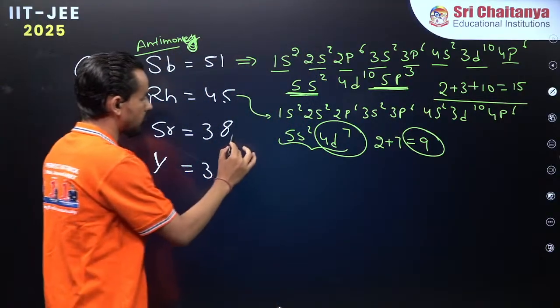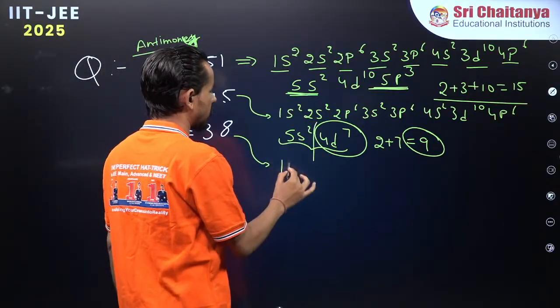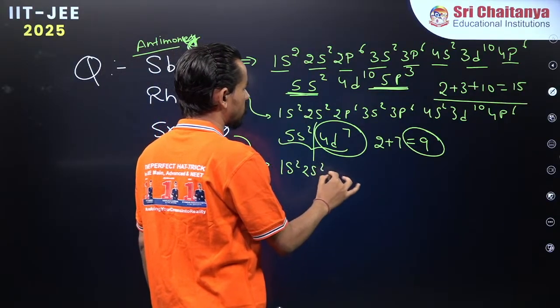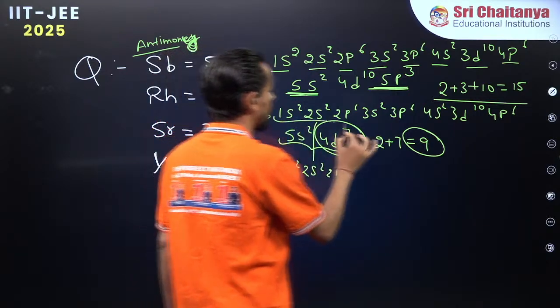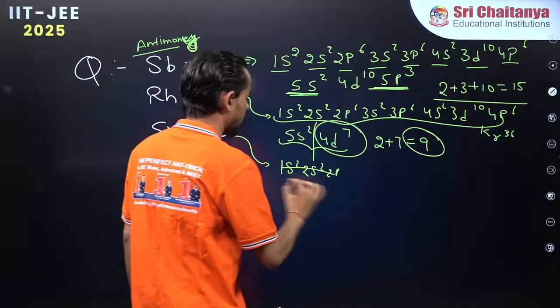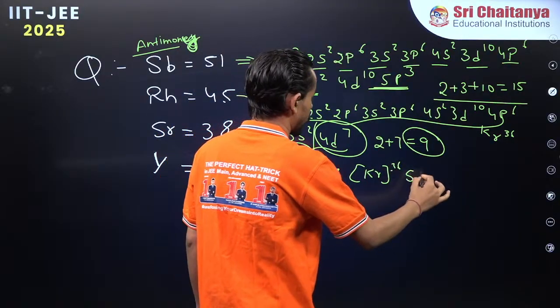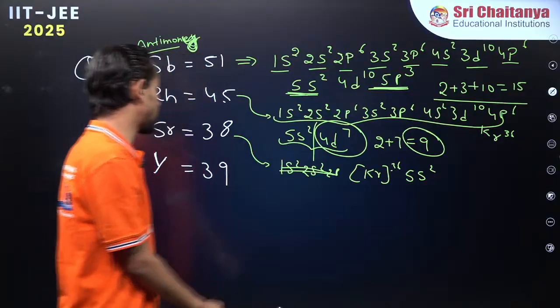Now let us move to strontium. It is up to here only. Up to here it can be called krypton 36. I am directly writing krypton 36 and then 5s2, that's it.